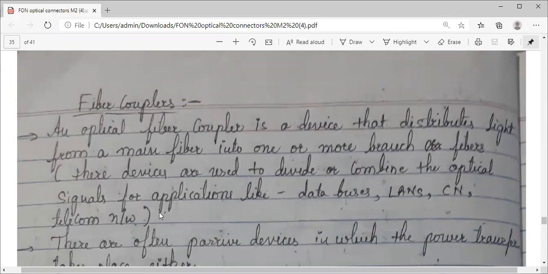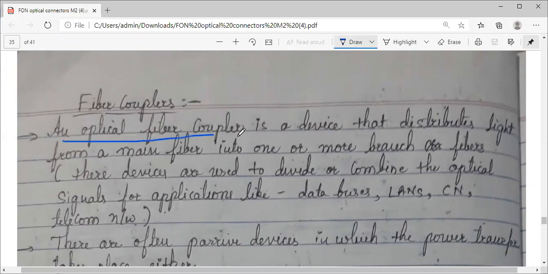Just like in waveguides, where we have seen how the power gets split using waveguide T's, fiber couplers can also act as a combiner or splitter. That's why we have included this topic in the connectors part of your module 2.